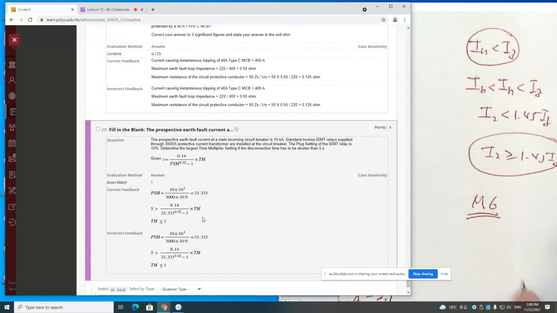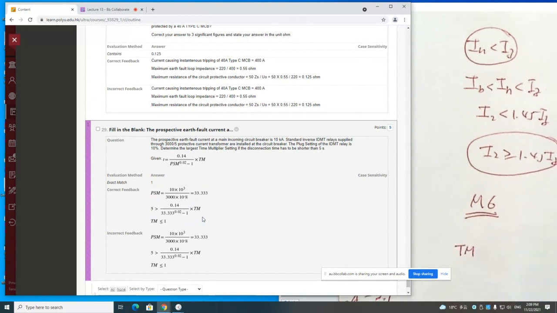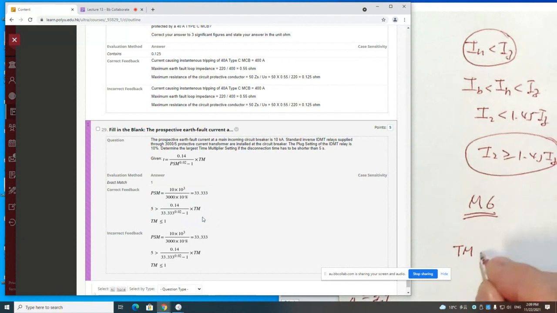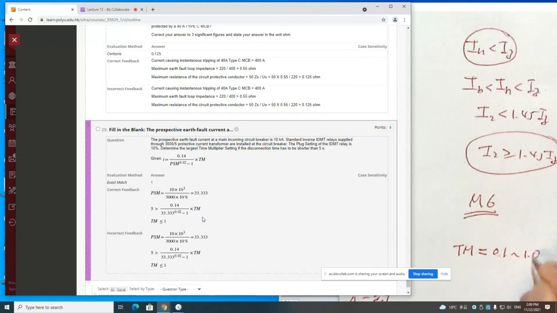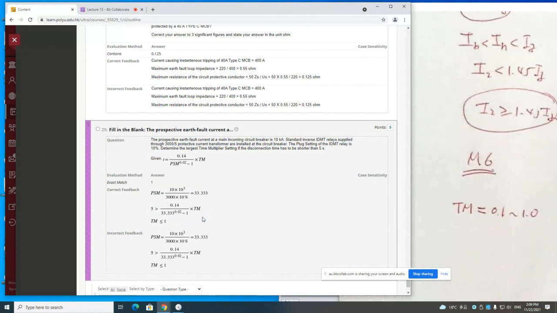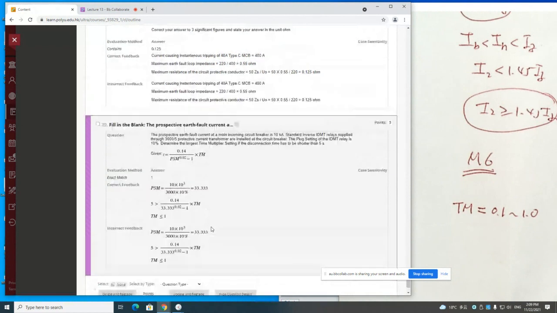But remember, TM, the time multiplier, is normally in the range 0.1 to 1.0, and cannot be greater than 1. So if you put a number greater than 1, that certainly is not correct. So the largest one is 1.0. This is a tricky point in this question.